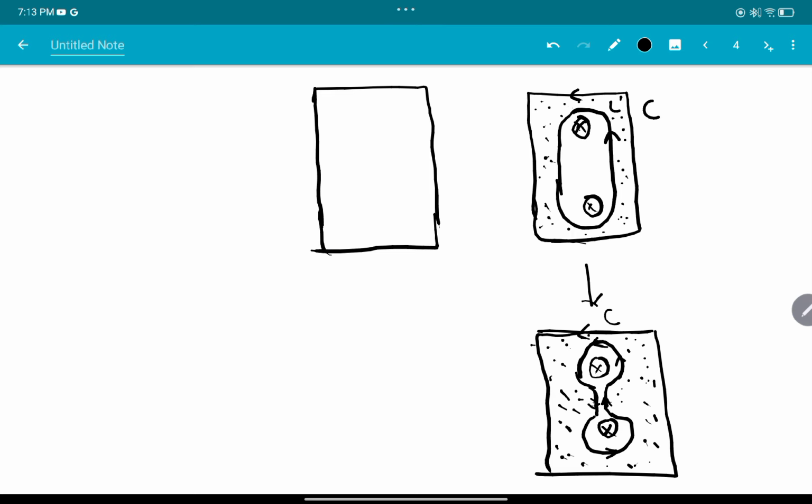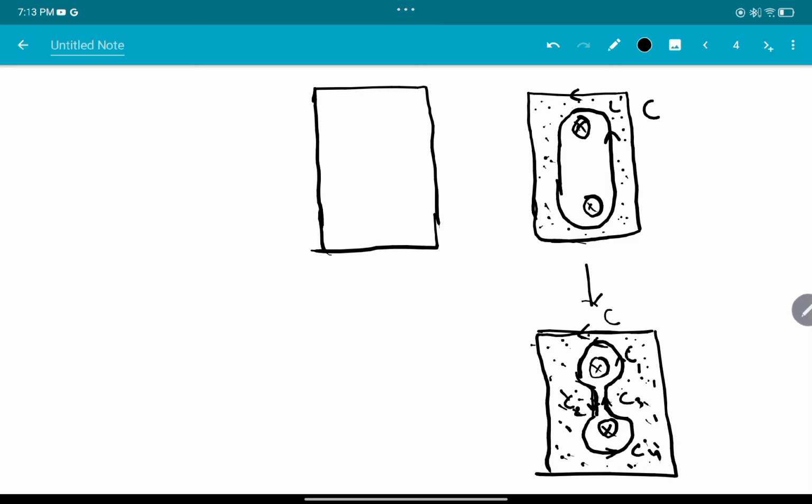If you look at this deformed path, let me call this section C1, this C2, this C3, this C4. Now, the integral along C3 and the integral along C2 are in opposite directions. Hence, in the final case, they will cancel out.